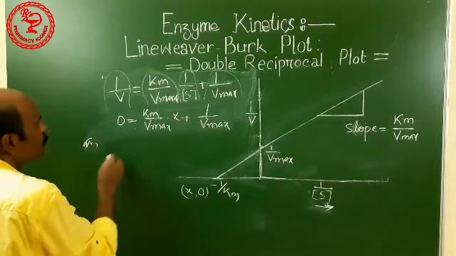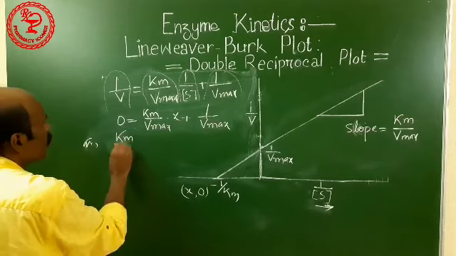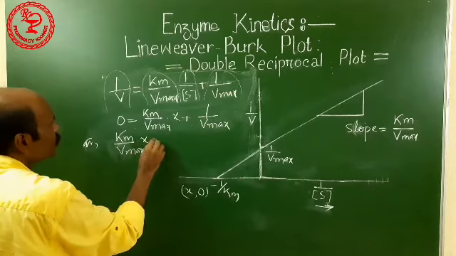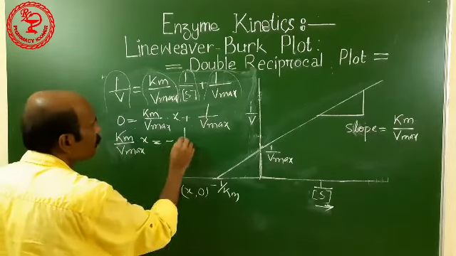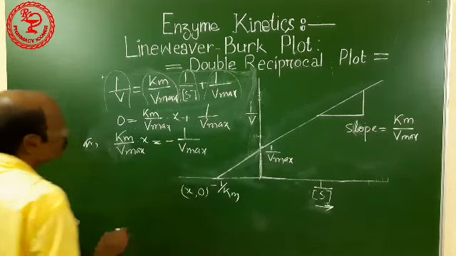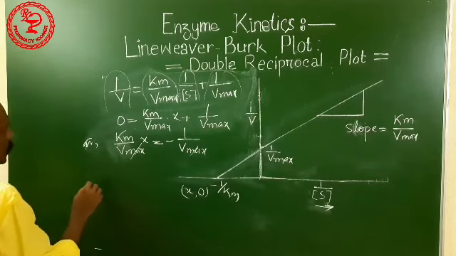Or Km by Vmax into x is equal to minus 1 by Vmax. So Vmax will be cancelled.